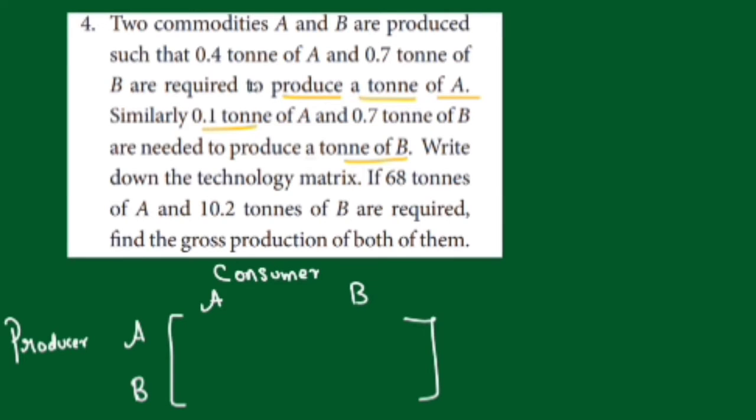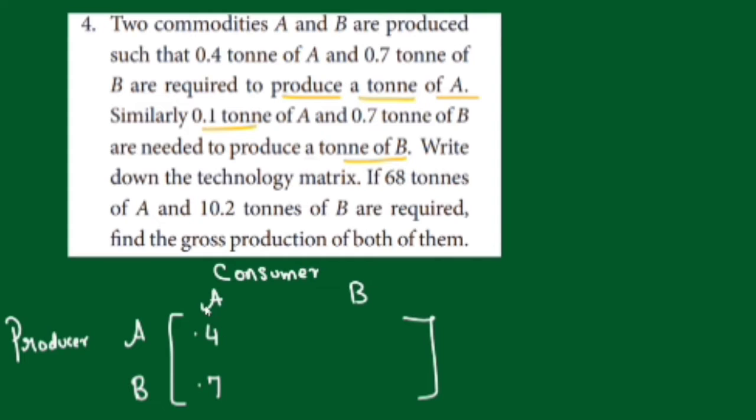Two commodities, 0.4 ton of A. So the producer is producing 0.4 ton of A and 0.7 ton of B. Both are required to produce a ton of A. Both are used by A itself. That's why I am writing like this as a column matrix.